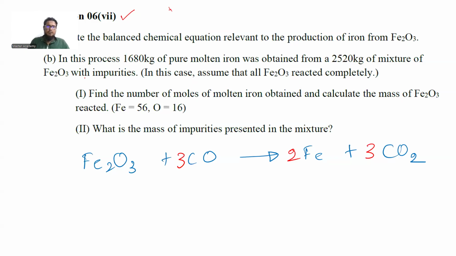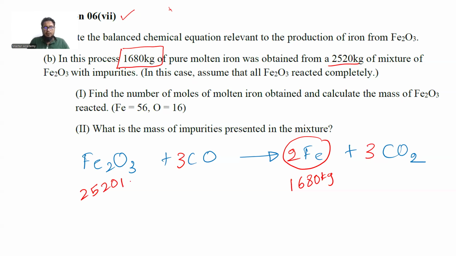Now, superb question. In the process, 1680 kilograms of pure iron was obtained from 2520 kilograms of a mixture of Fe2O3 plus impurity. So it is not the mass of pure Fe2O3.